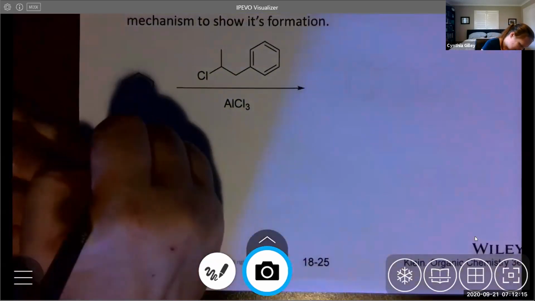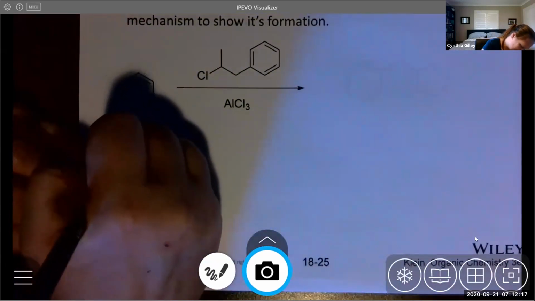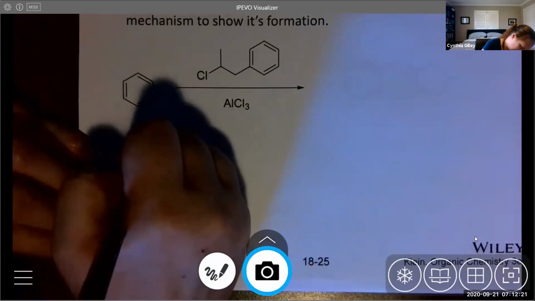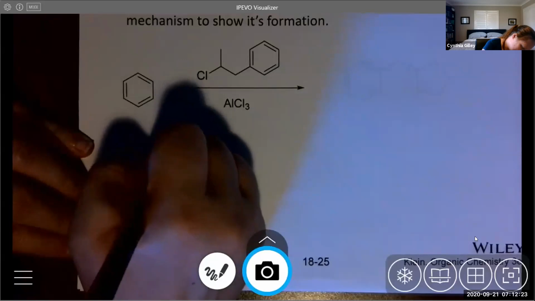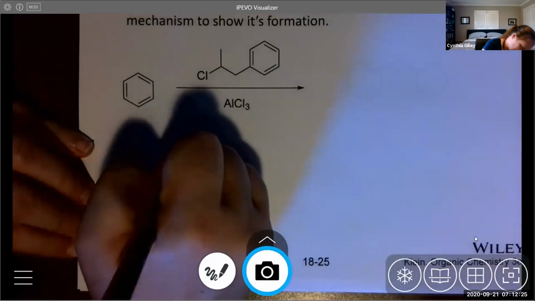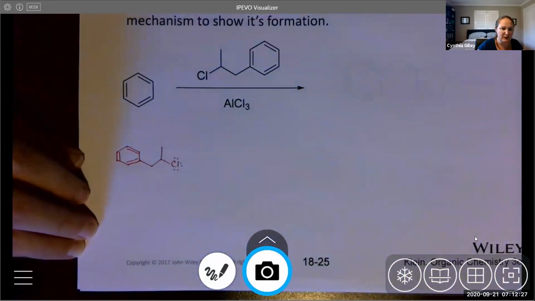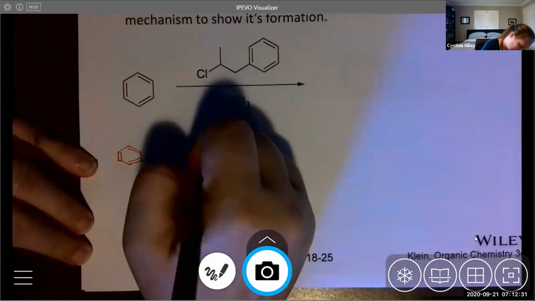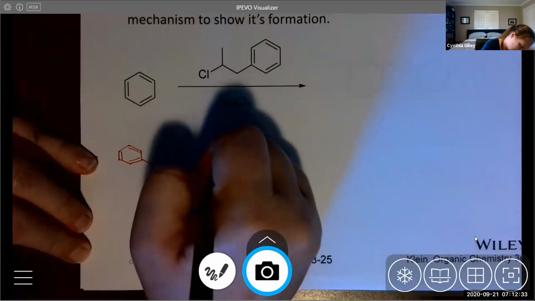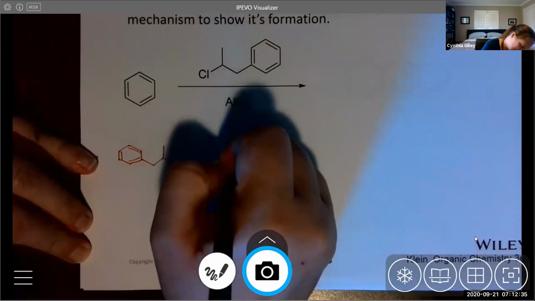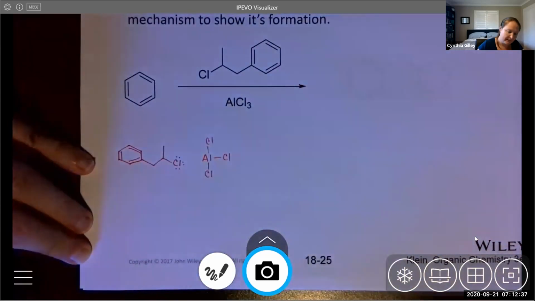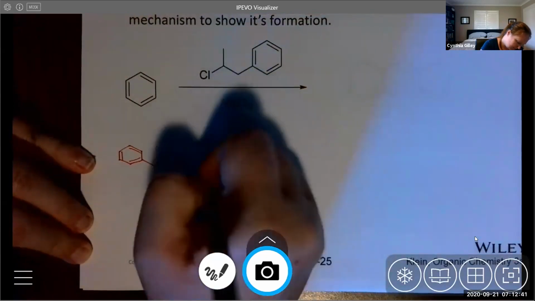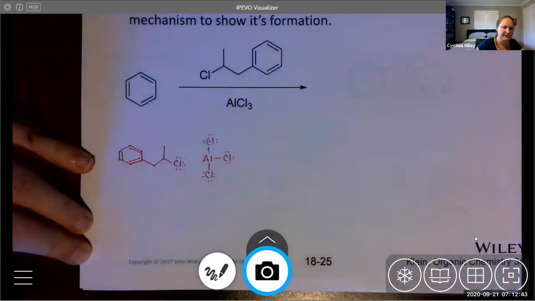So I'm just going to turn this around just for convenience. Remember, when I'm drawing in a mechanism, I always include important lone pairs. I'm going to draw out the Lewis acid catalyst. Can add in all the lone pairs on the chlorines.